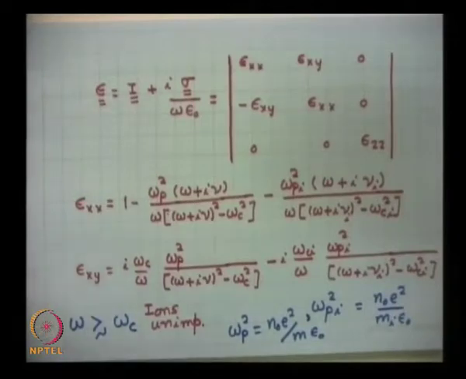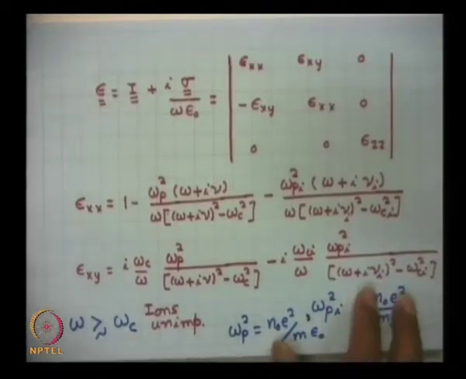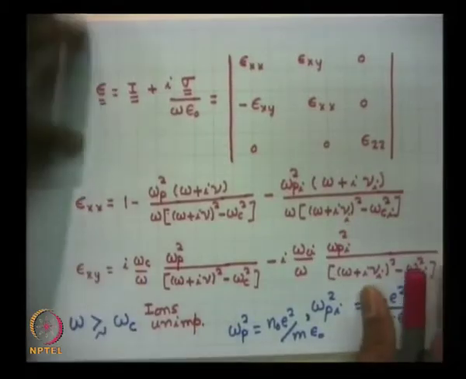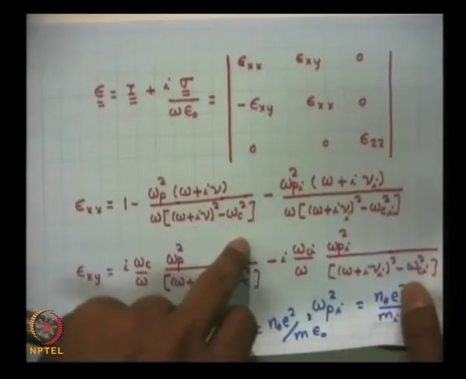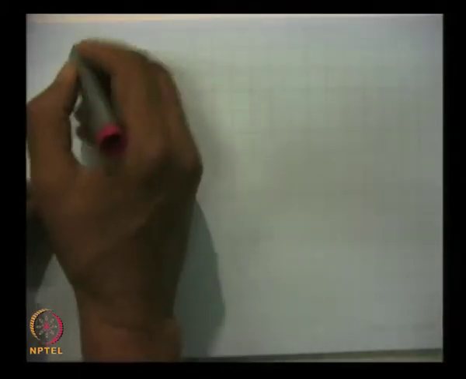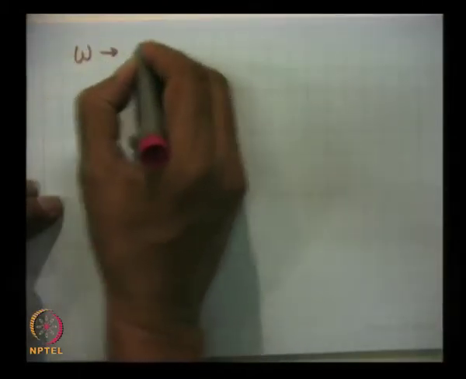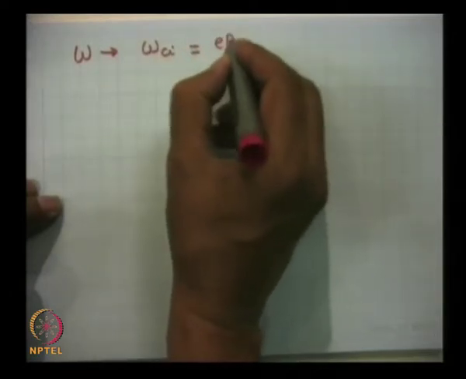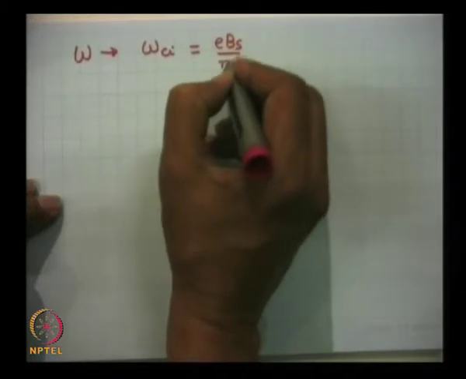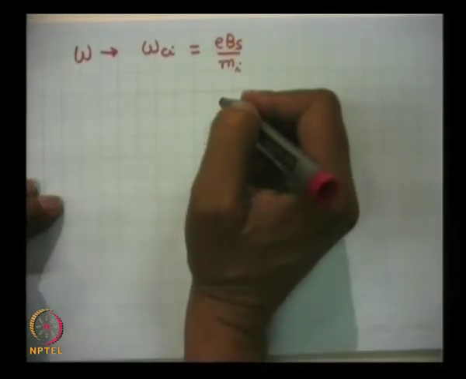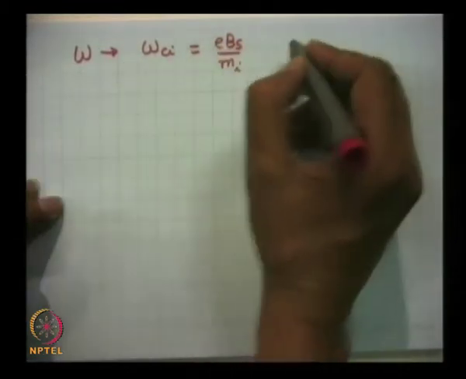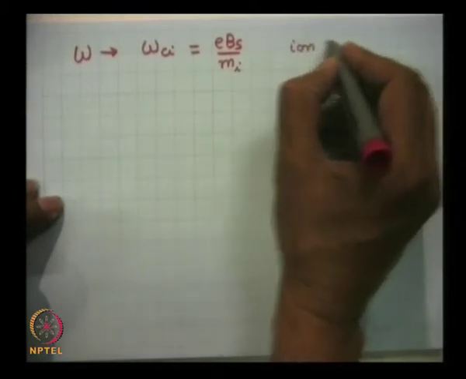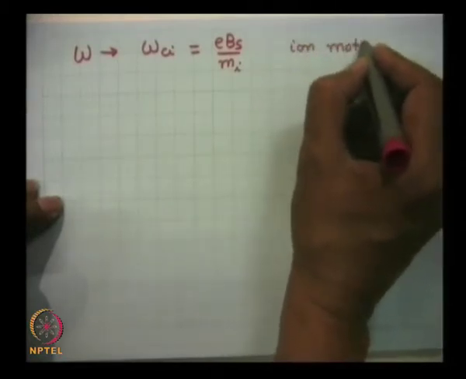Ion motion becomes important when omega approaches omega ci, the ion cyclotron frequency, which is a very low frequency as compared to omega c. So, when omega approaches omega ci, which is defined as eB0 upon mi, the ion motion becomes very important.